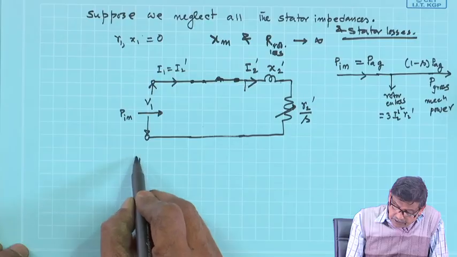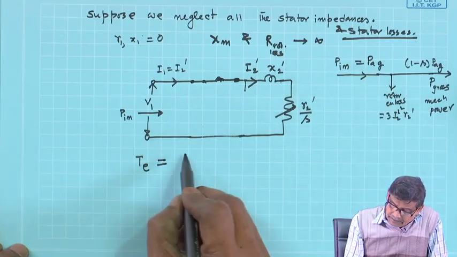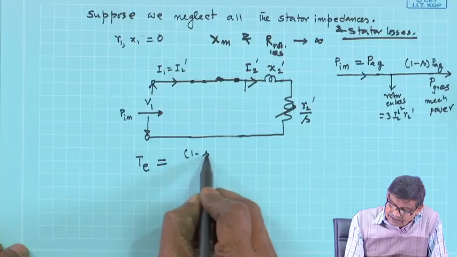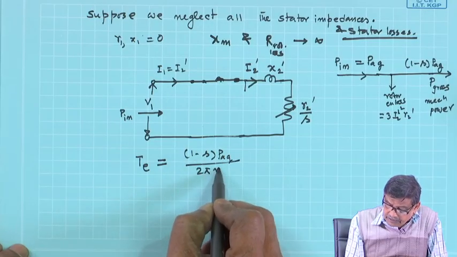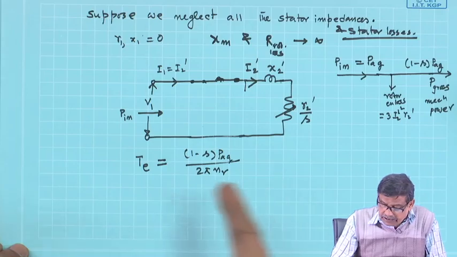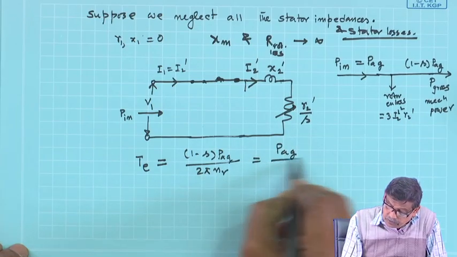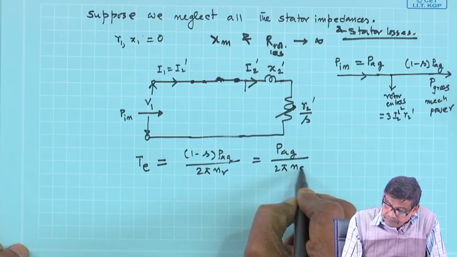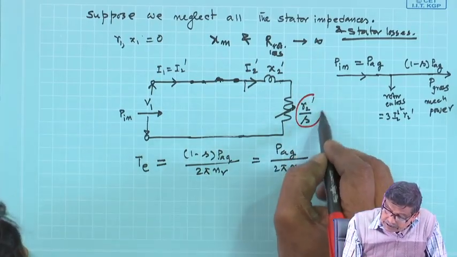Therefore, torque developed by the machine will be 1 minus S into PAG divided by 2 pi nr. Suppose the machine is running with a slip S. So, this comes out to be PAG by 2 pi ns. And what is air gap power? It is represented by the power here.